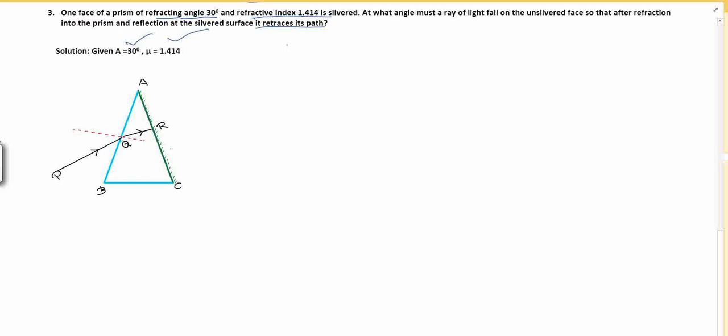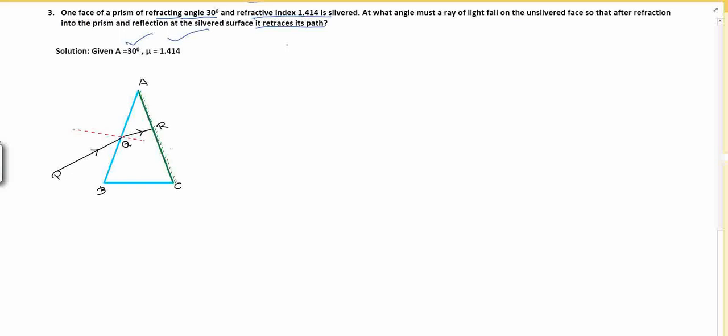So here both refraction and reflection will take place. At the first face refraction will occur. So ray PQ meets the face AB at the point Q. Here there will be a refraction. Then after refraction the ray QR meets the face AC at the point R.